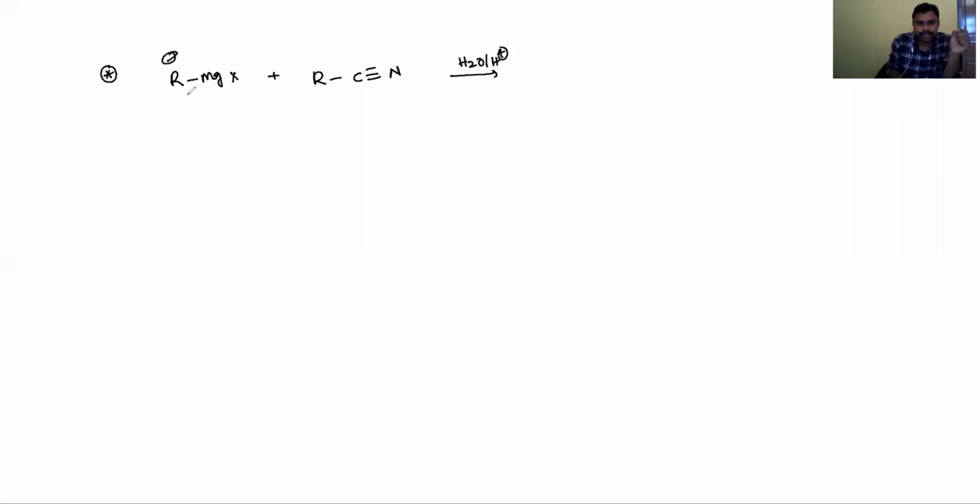The negative charge is attacked, and upon hydrolysis it produces RC(=O)R'. Ketones are the products. Further, these ketones on further reaction with the Grignard reagent produce tertiary alcohols.